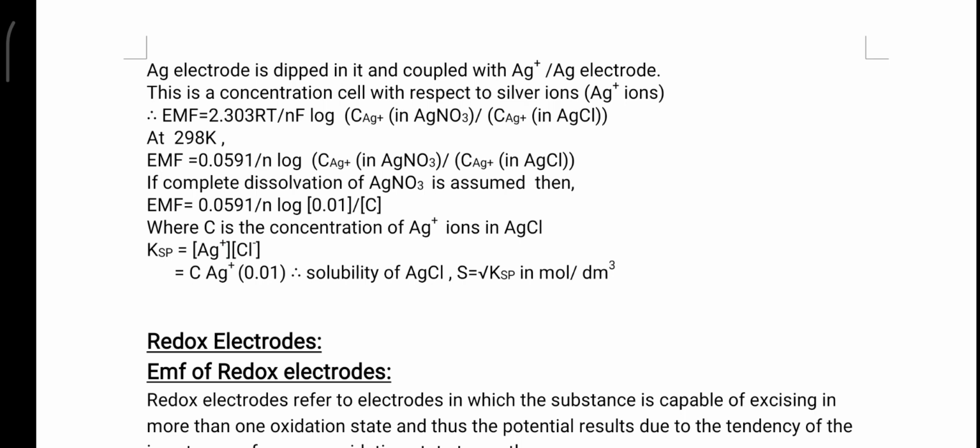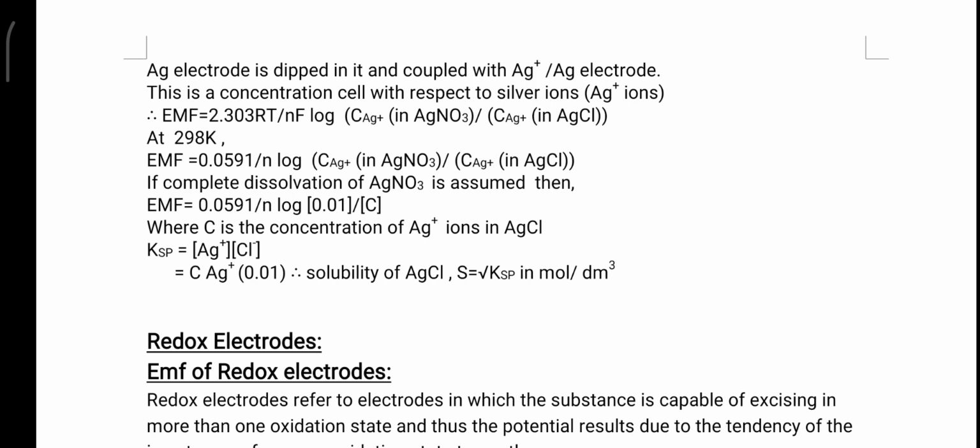Now we need to calculate the solubility product. The value of Ksp is given by the product of the concentrations of the sparingly soluble salt ions, that is silver and chloride ions. So the concentration of Ag+ can be taken as C, and the value of Cl- can be written as 0.01. So the value of Ksp is equal to C into 0.01.